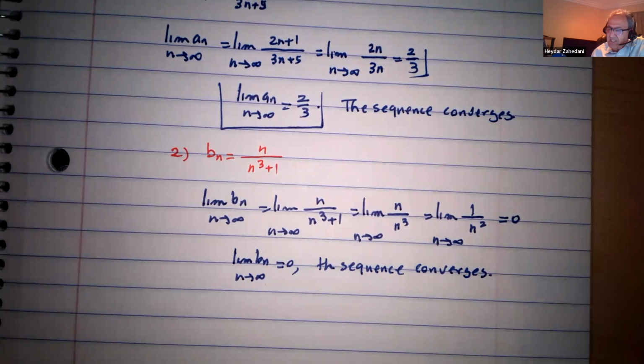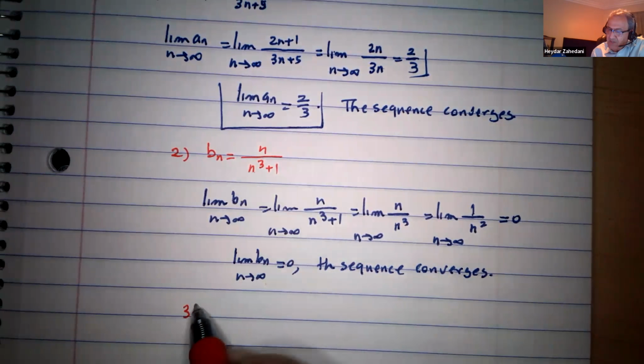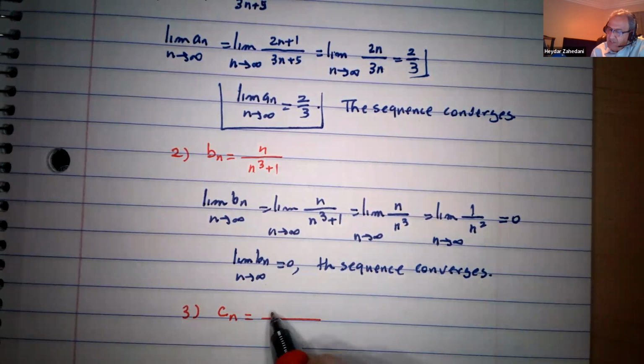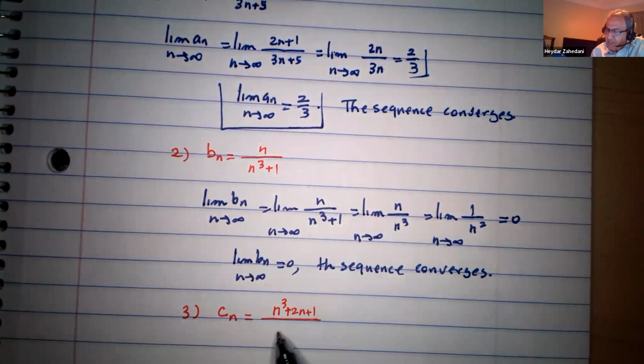Okay, that's the second case, the bottom is higher. There is a third case, where the top is higher. For example, if the sequence is c_n, and on the top we get something like n cubed plus 2n plus 1, and at the bottom, for example, n plus 7.